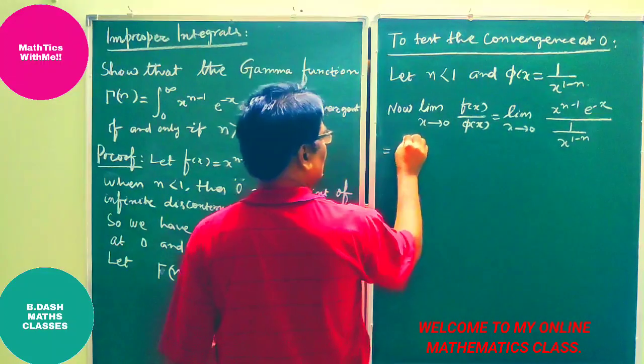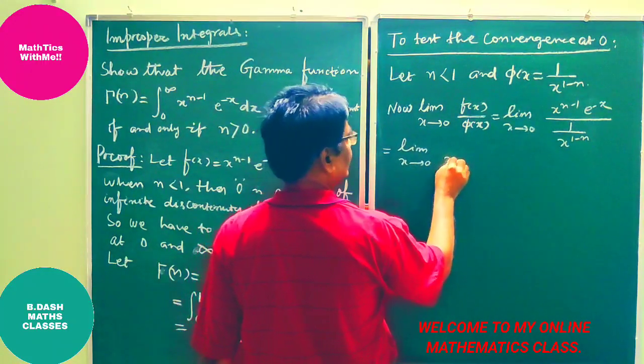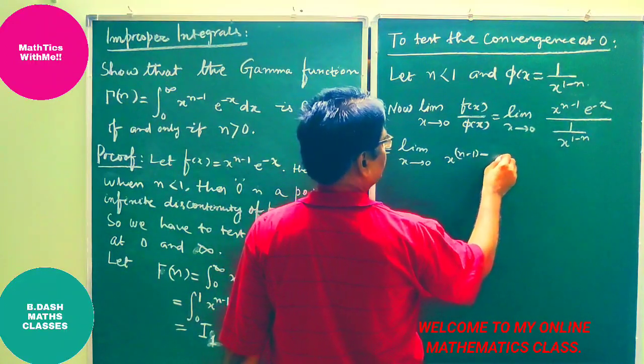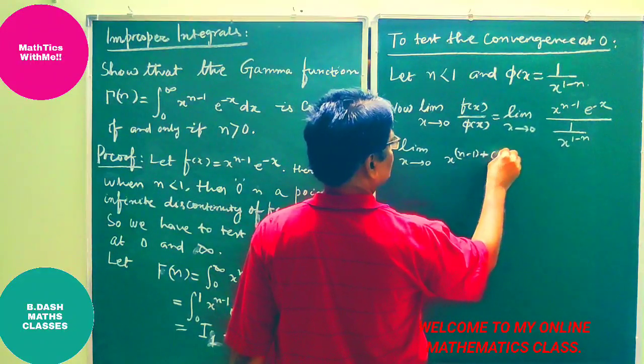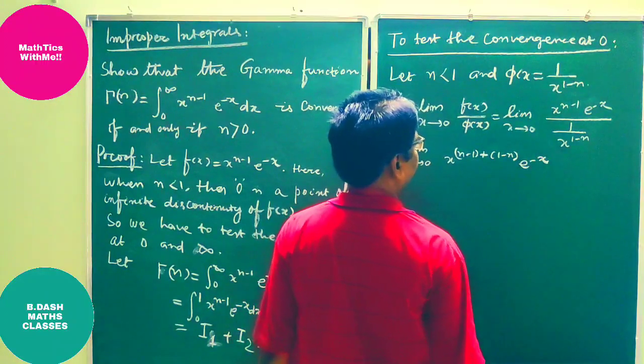So this is equal to the limit as x tends to 0 of x to the power n minus 1 plus 1 minus n, e to the power minus x.